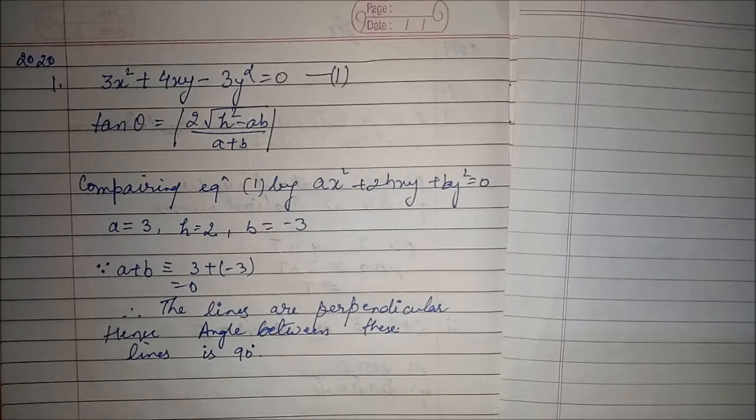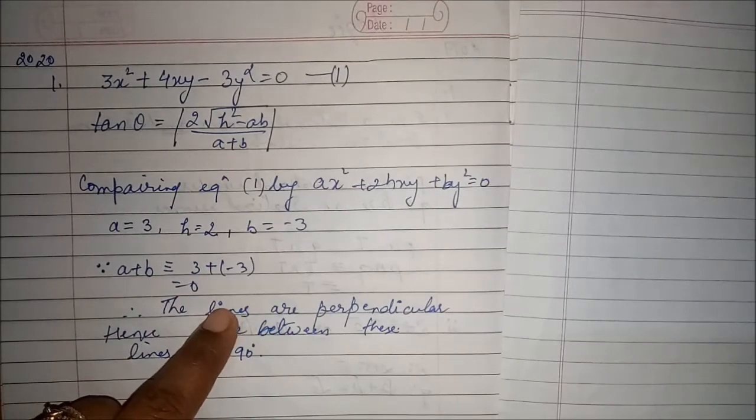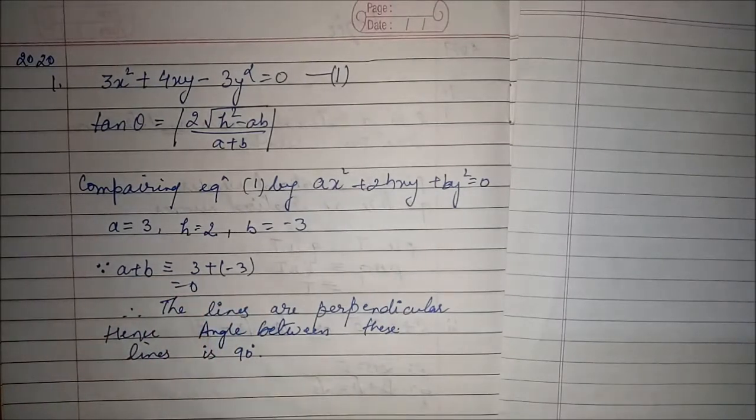So you can easily show that since a plus b is coming 0, therefore the lines are perpendicular and hence the angle will be 90 degree.